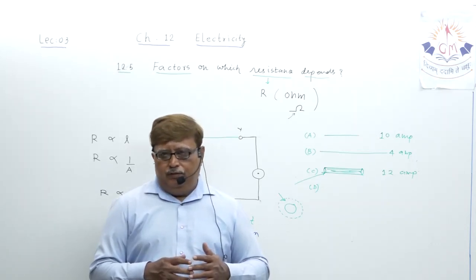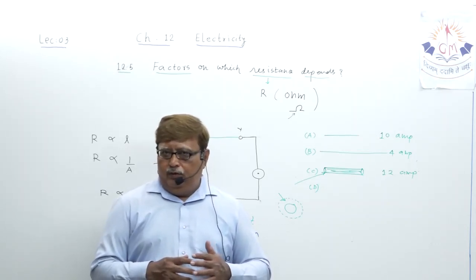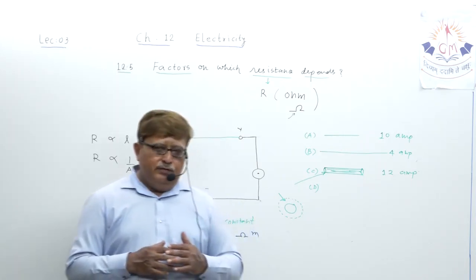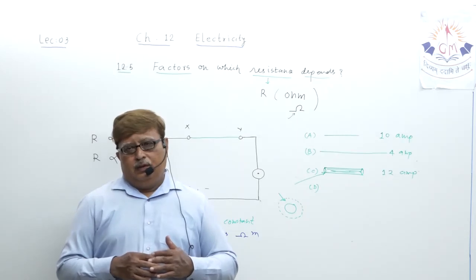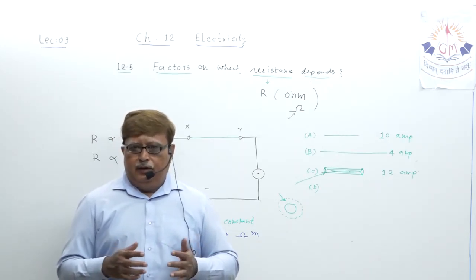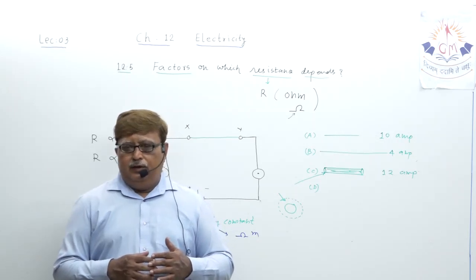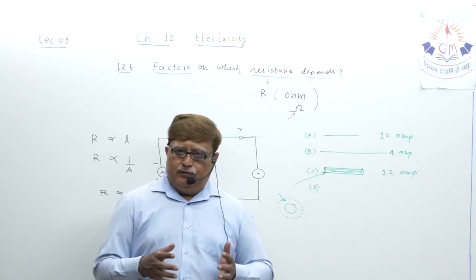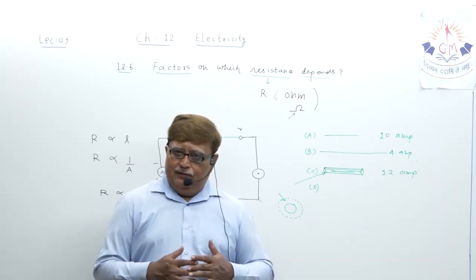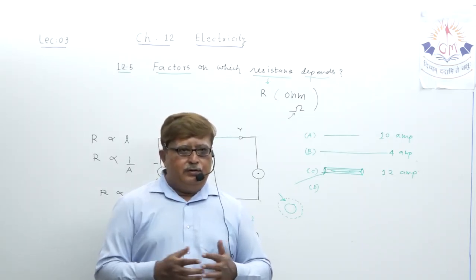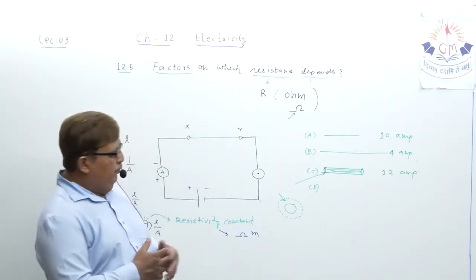Those materials which are called poor conductors have moderately high resistivity constant, and those materials which you call insulators have very high resistivity constant, so that they offer such an infinite resistance that they do not allow even electric current to pass through them very easily.